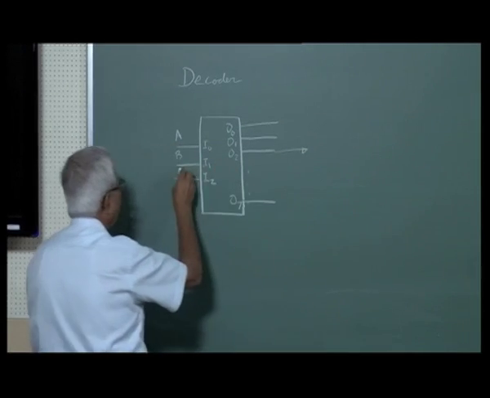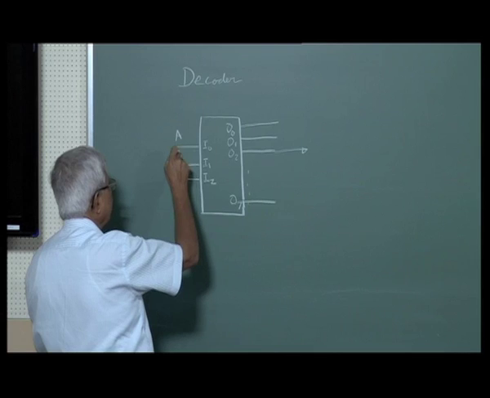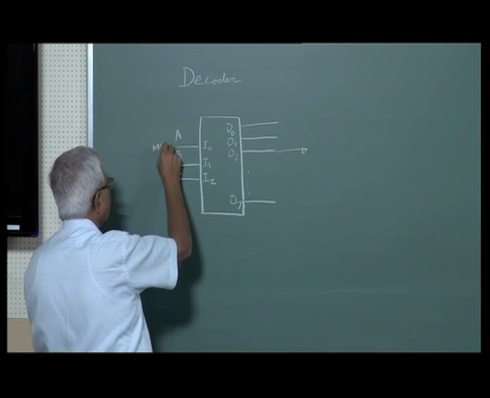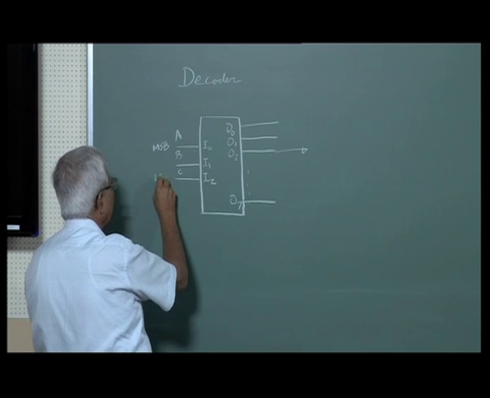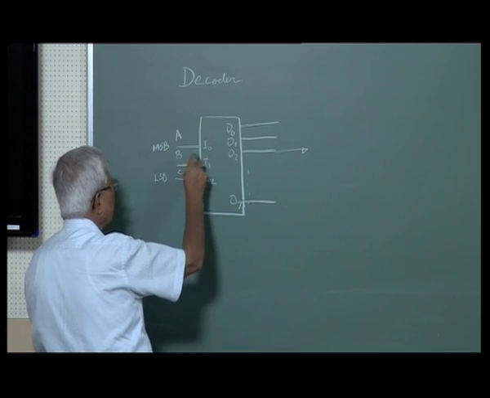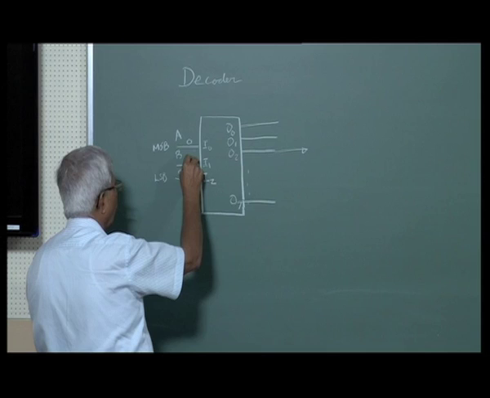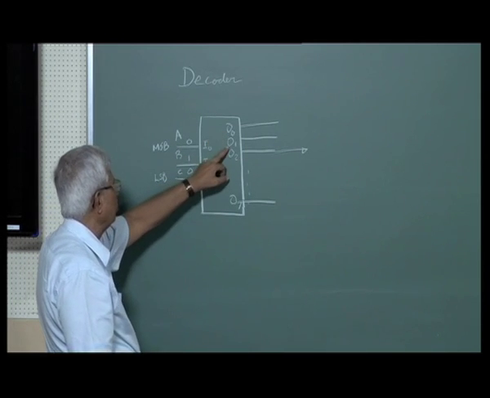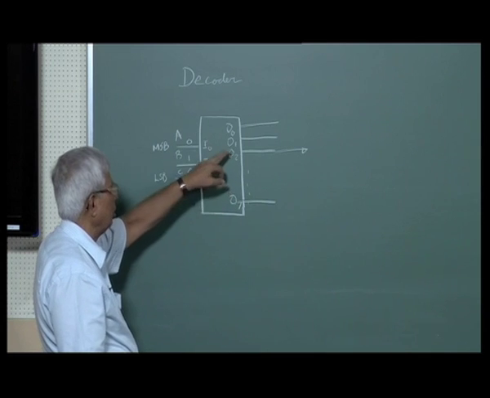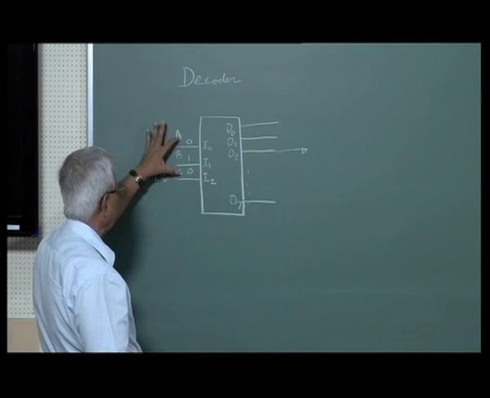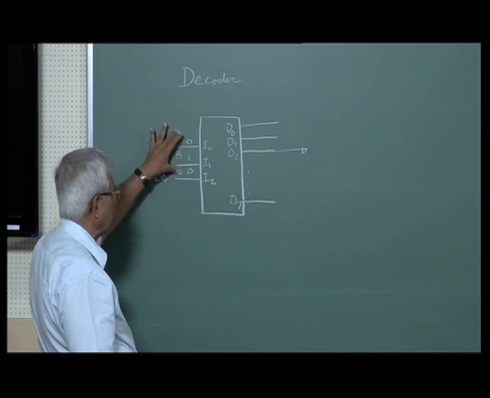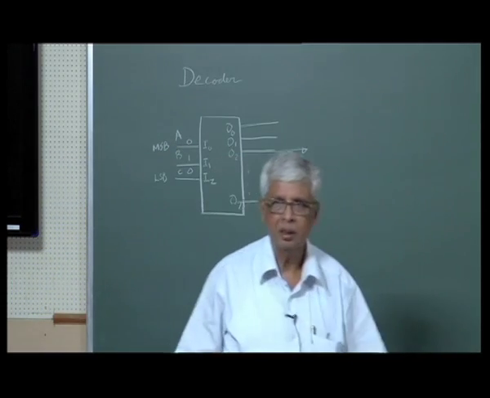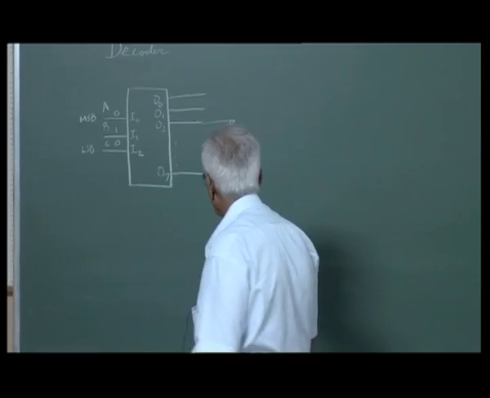Supposing this is LSB or this is MSB, this is LSB, O2 is 0, 1, 0, output 0 is 0, 0, 0, 0, 0, 1, 0, 1, 0, and this is 1, 1, 1. So, if I give 0, 1, 0 to these 3 inputs, output O2 will be triggered and I can use it if I want to.